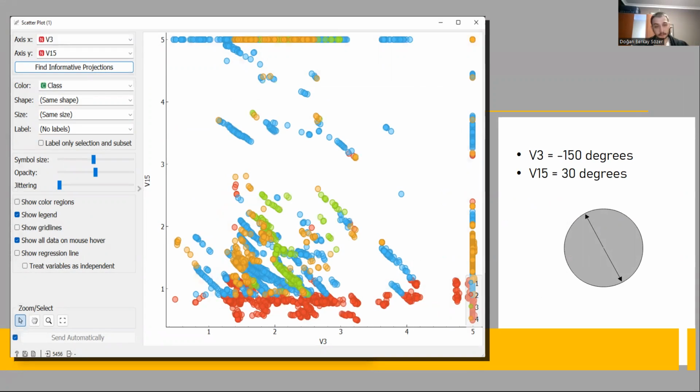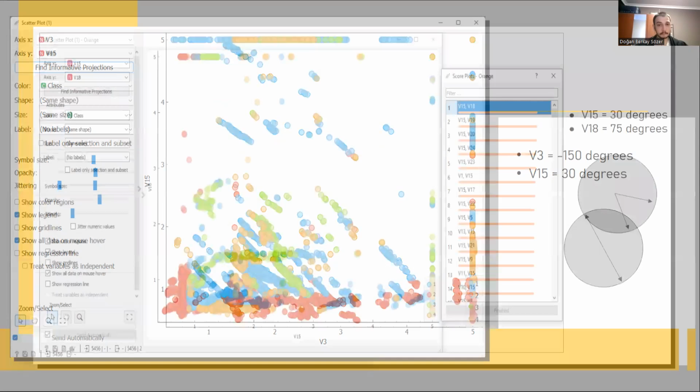Their relationship is not exactly the same as in the previous examples, because they are on opposite sides. When V3's value goes up, the V15 value goes down, and on the other side, when the V15 value goes higher, the V3 value goes lower. And we can move to our last selected set.